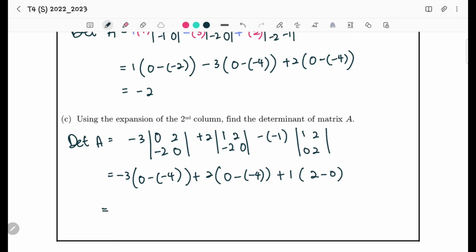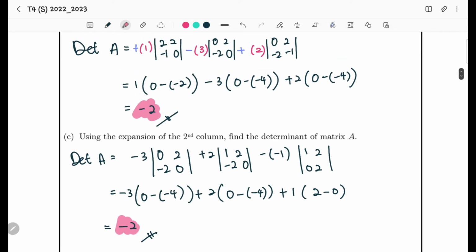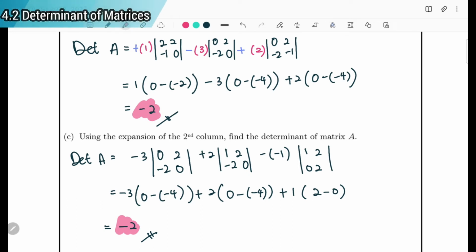So simplify it and you get negative 2. As you can see, the answer is just the same as question B. Okay, so if you calculate the determinant of A using any column or any row, you'll just get the same answer. It doesn't matter which rows or columns you use.